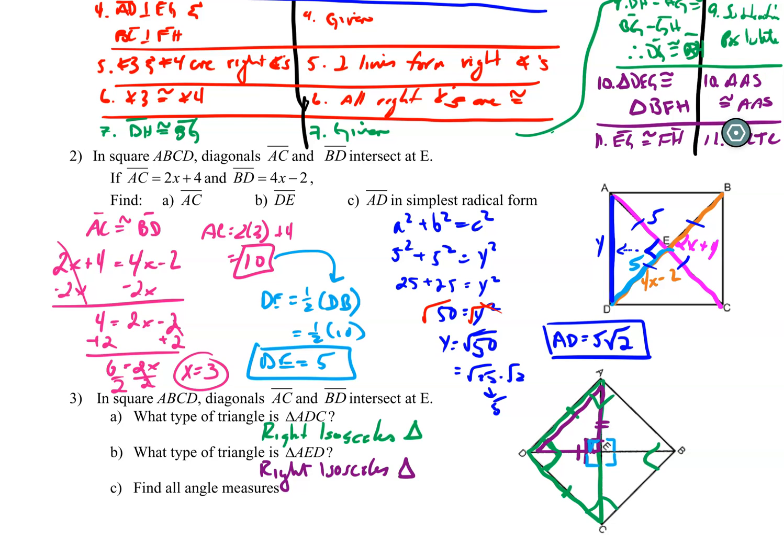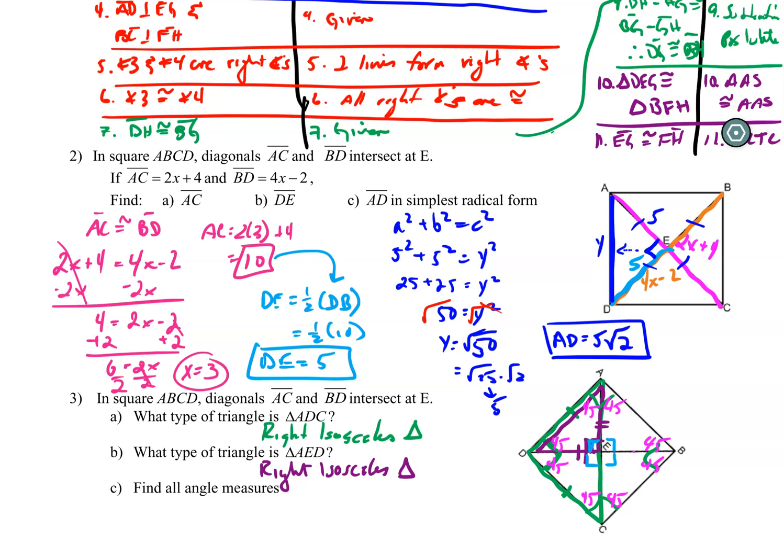And since the diagonals bisect the angles, or aka the diagonals are angle bisectors, half of 90 is 45. So each of these is not only 90 as a big thing, but each individual part is 45. And that's all of our angles.